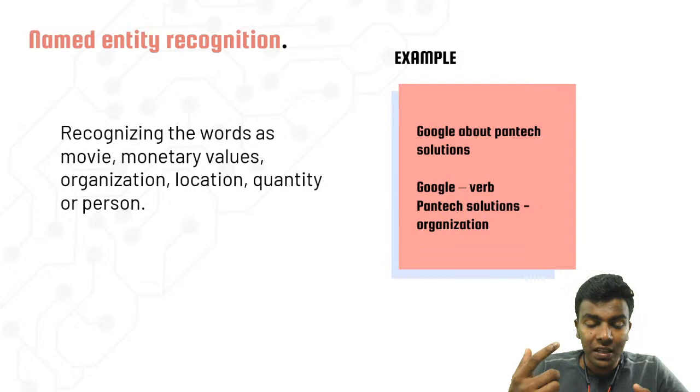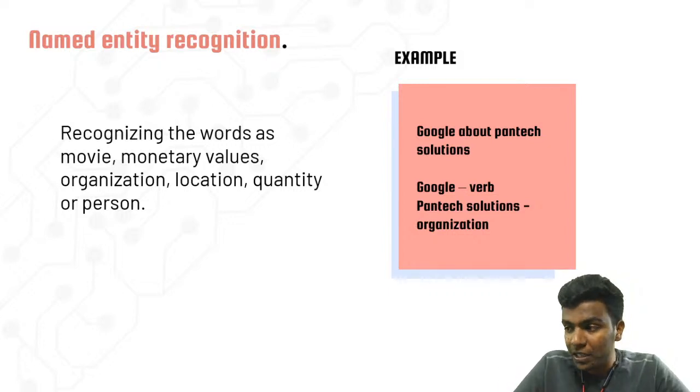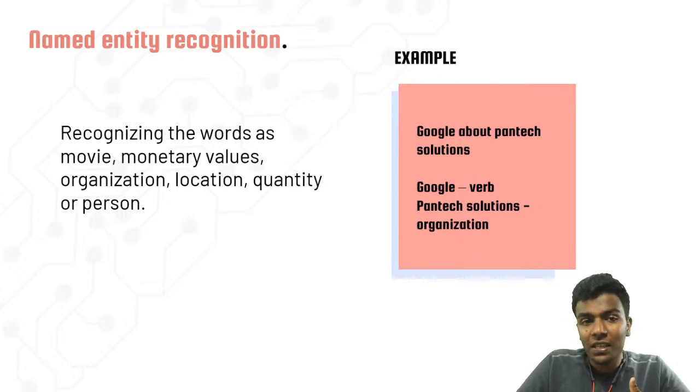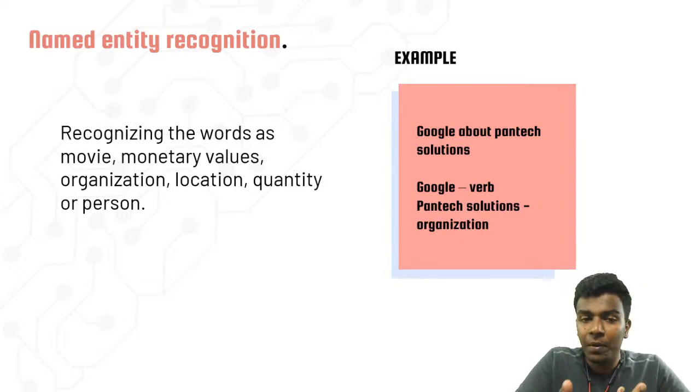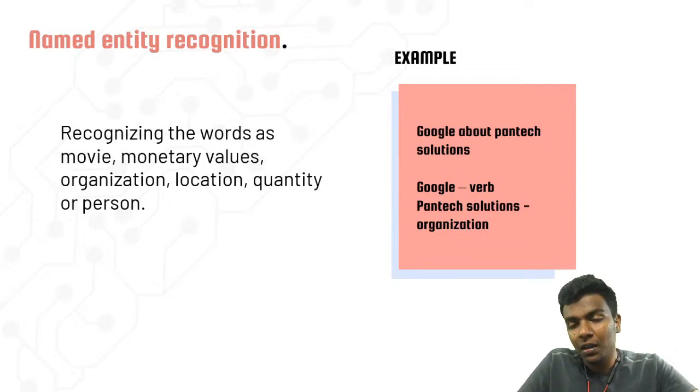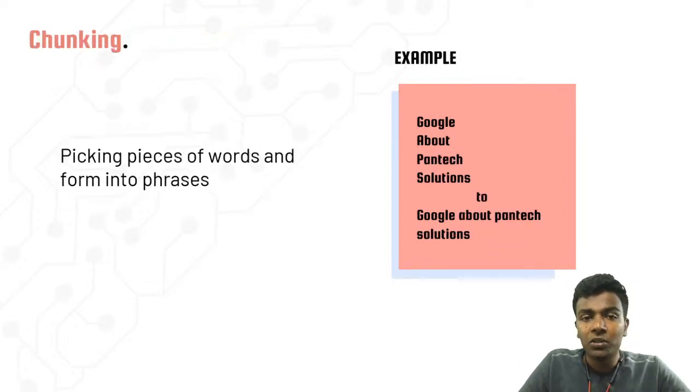Either it is an organization, a location, a quantity, or a person, and this can be done with named entity recognition. This is helpful for other applications such as chatbots or voice assistants.